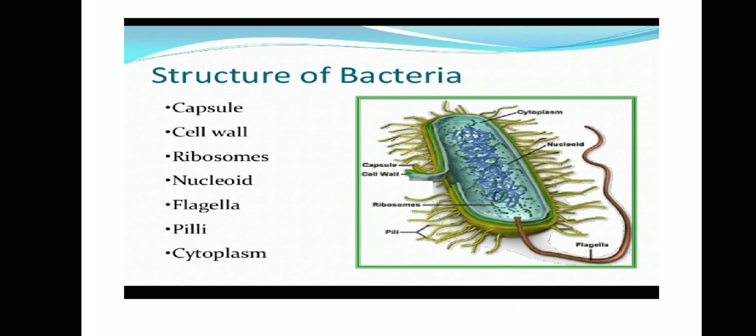If a group of flagella is present on one side, it is Lophotrichous. Example, Pseudomonas bacteria. If a group or tuft of flagella is present at one end, it is Lophotrichous. If a group of flagella is present at both ends, that is Amphitrichous.